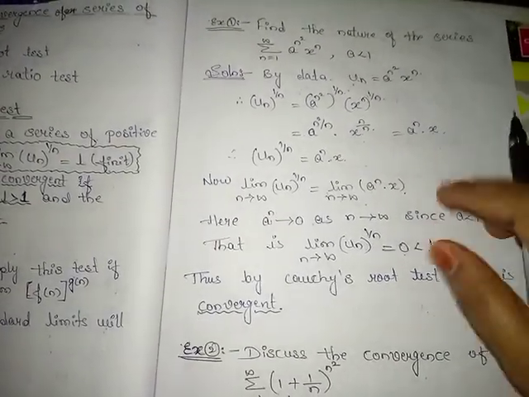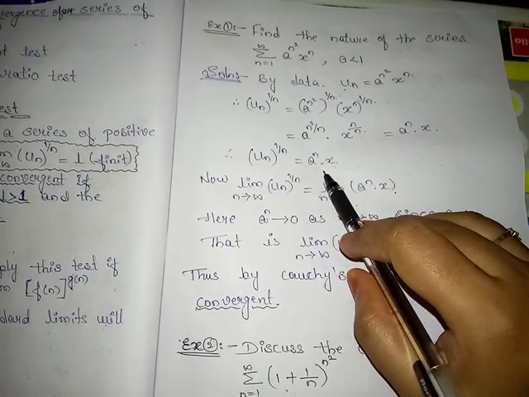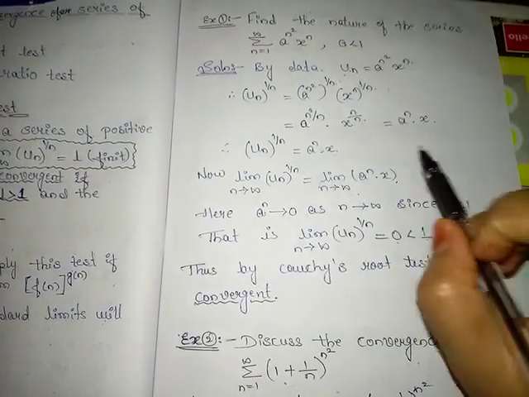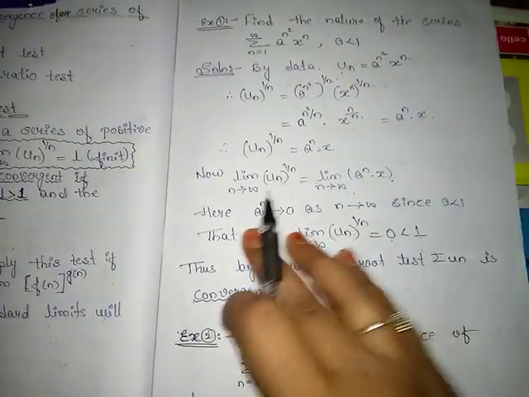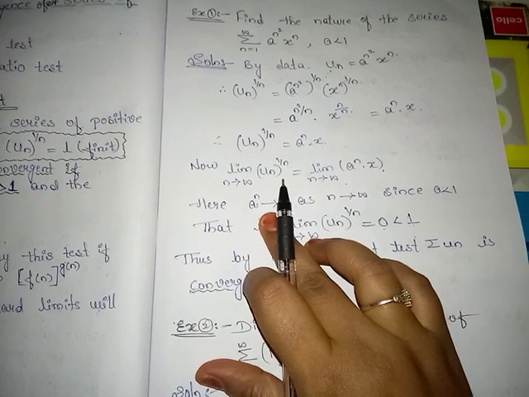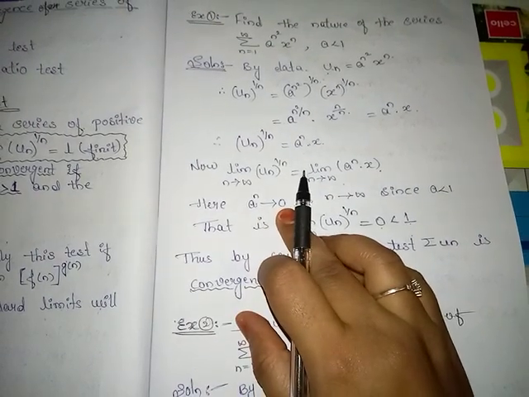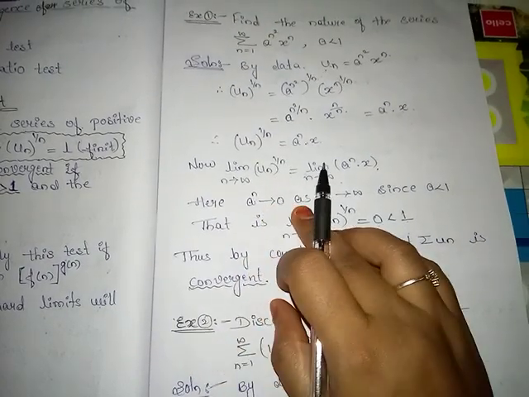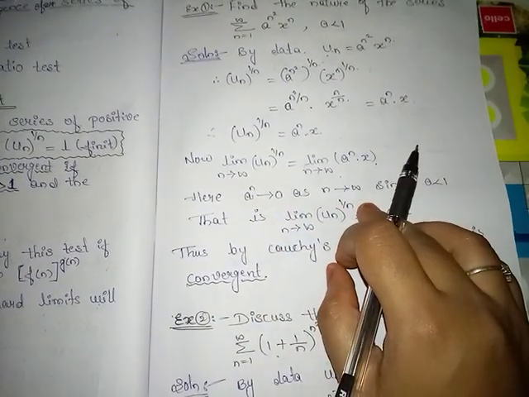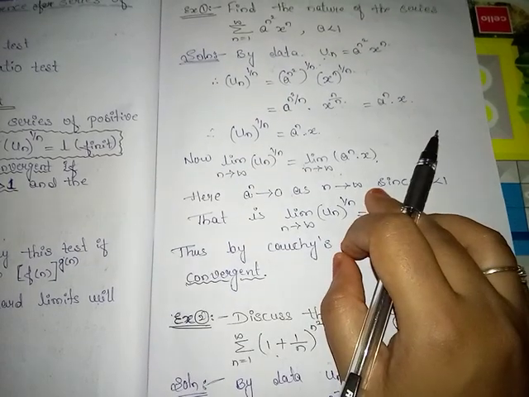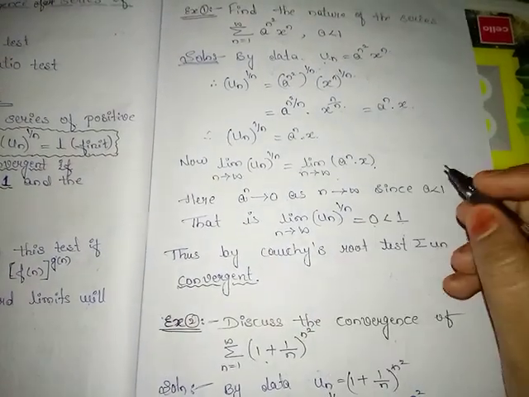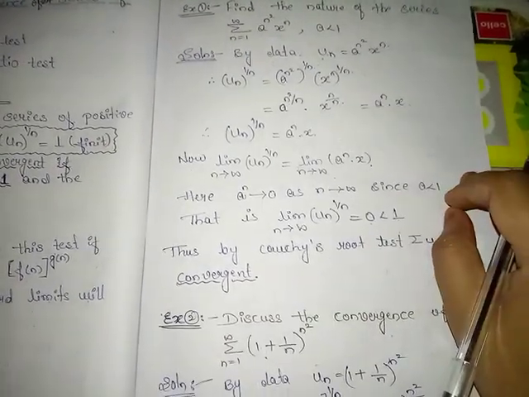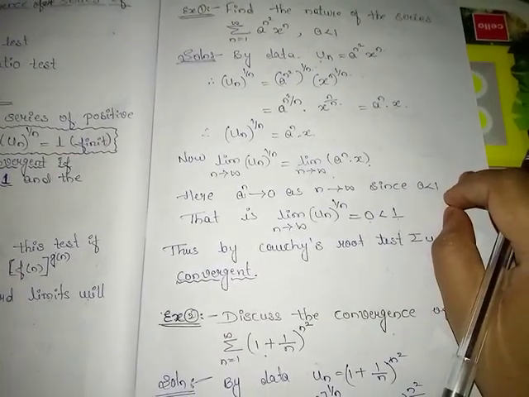In these examples be very careful when you are finding un raised to 1 by n, and if you don't know how to apply limiting values when you get something raised to n as n tends to infinity, go through the previous classes.